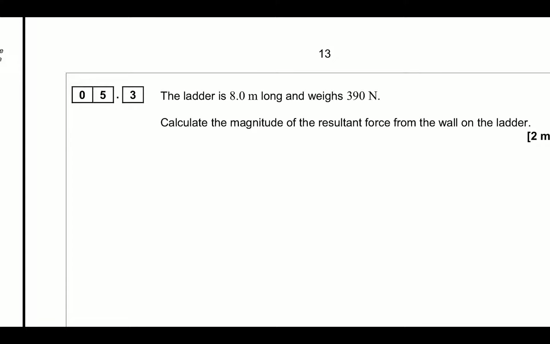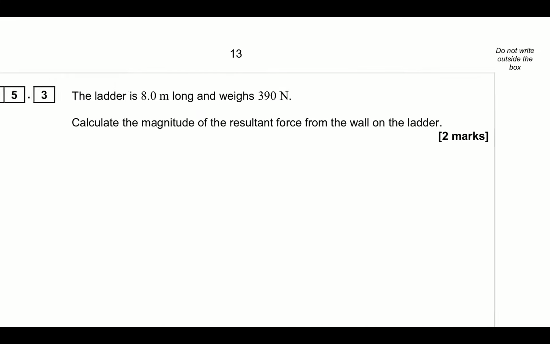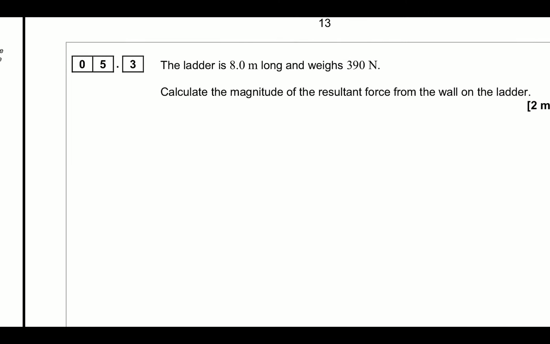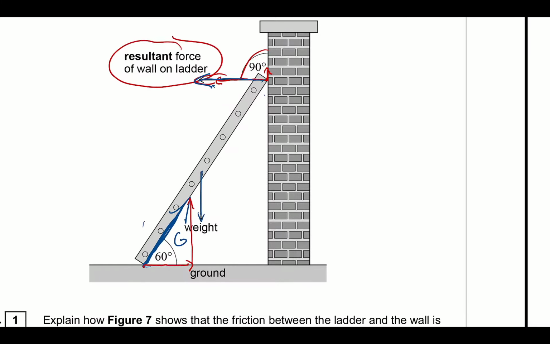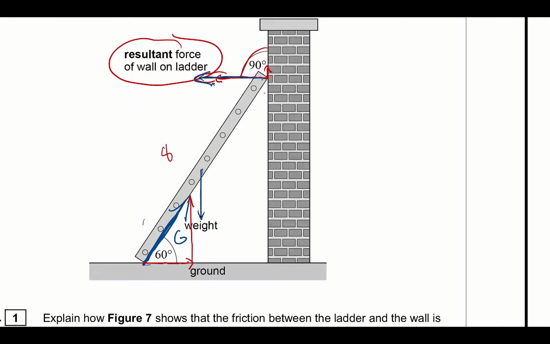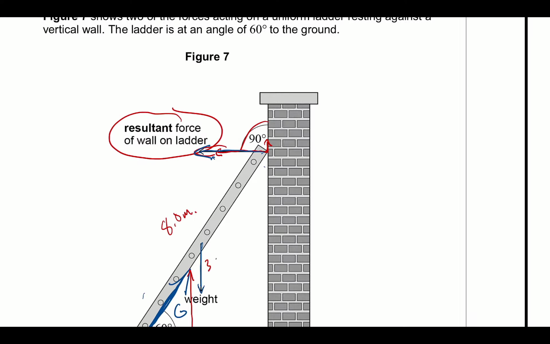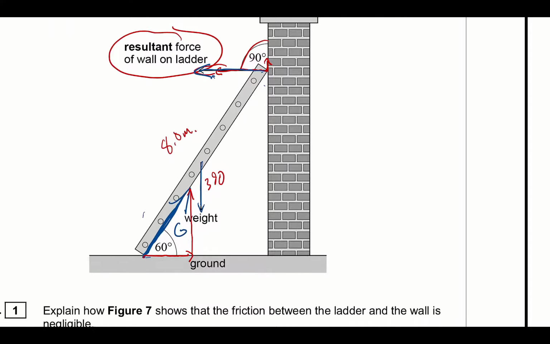All right, the ladder is 8 meters long and weighs 390 newtons. Calculate the magnitude of the resultant force from the wall on the ladder. So what we know is that this is 8 meters, and this here is 390.